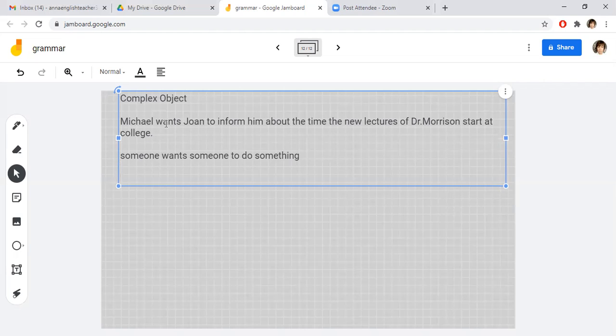The thing is that here's the subject and it is expressed by the person. And here's also the person. There are two persons connected by something that expresses wish or desire, like that.